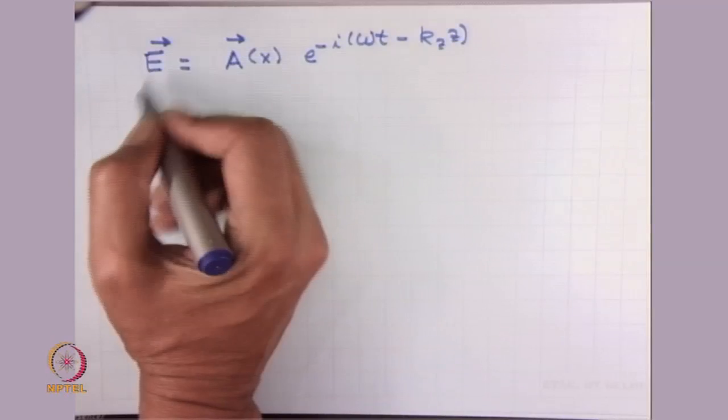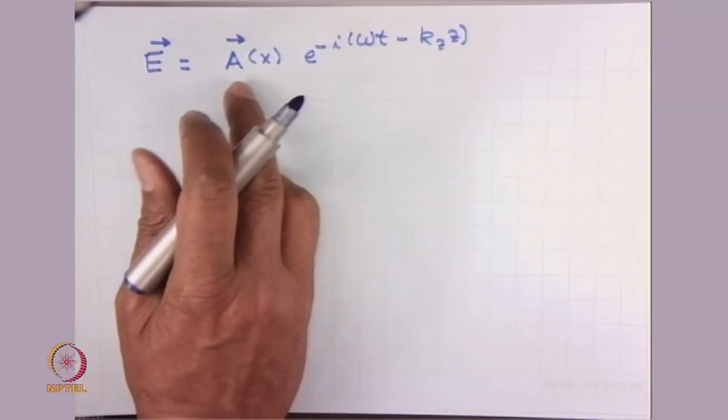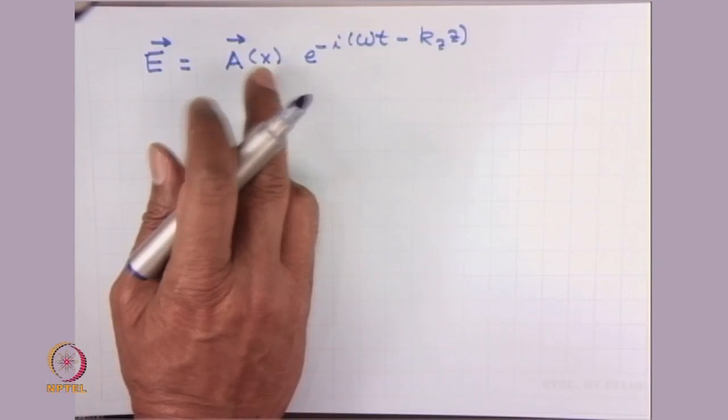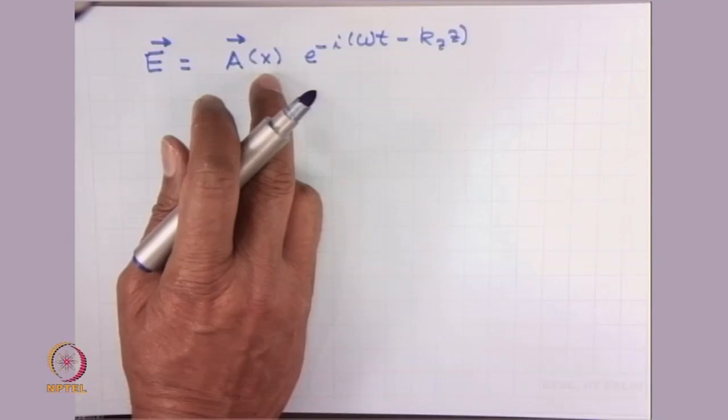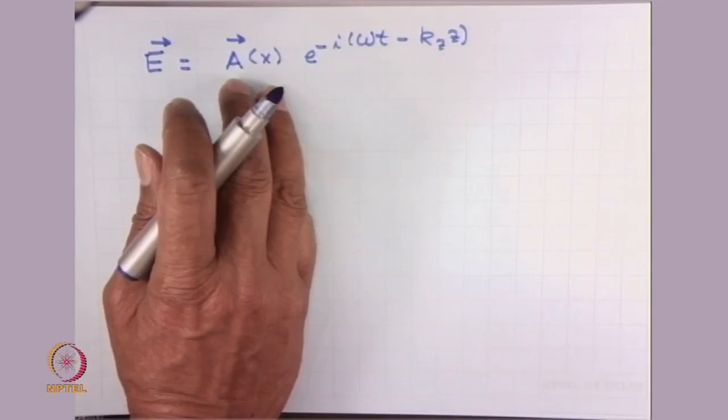The issue is that if my electric field amplitude depends on x, then it must satisfy the wave equation.